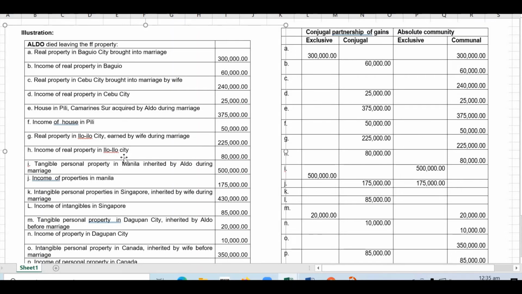Then, ang related income nito would be conjugal under conjugal partnership of gains, and then community property under absolute community since communal din yung property.